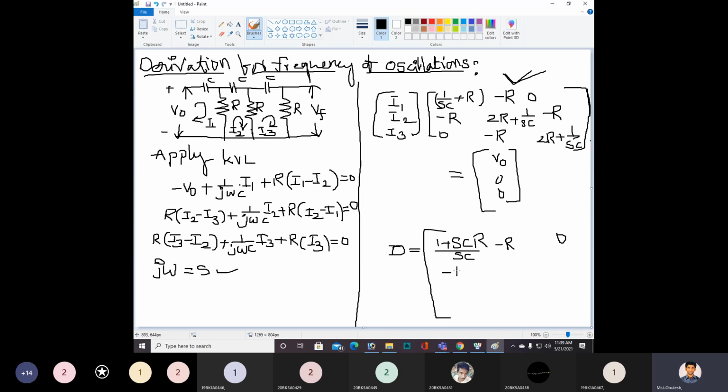Then here minus R, 1 plus 2SRC by SC, then minus R. Next 0, minus R, 1 plus 2SRC by SC.